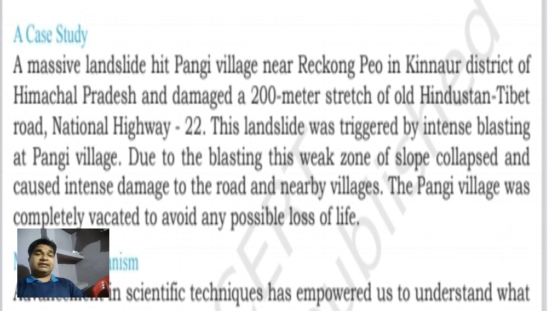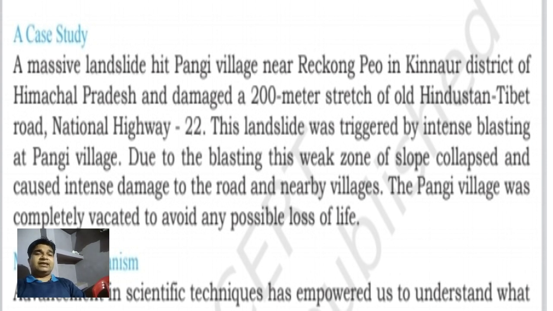So this landslide occurred with a blast. When the big rocks suddenly come down, we call it blasting. Due to the blasting, this weak zone of the slope collapsed and caused intense damage to the road and nearby villages. So we have seen in the second image how people are standing there to see the road has broken and gone down.